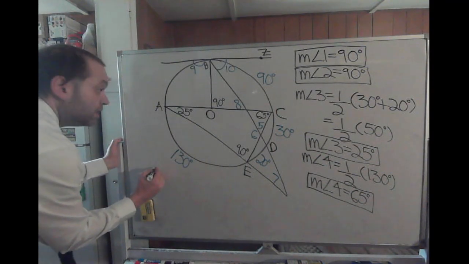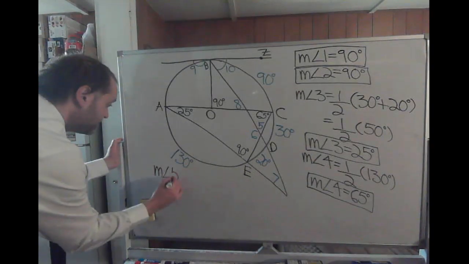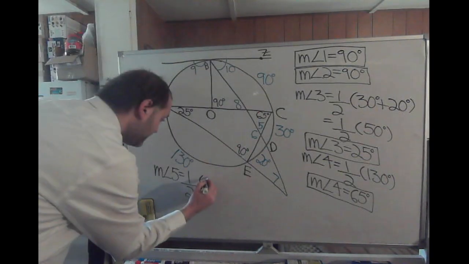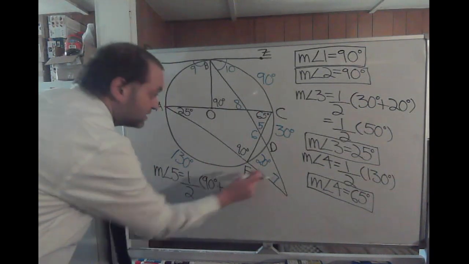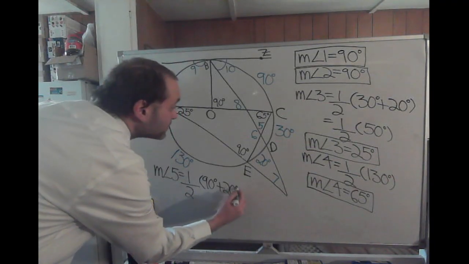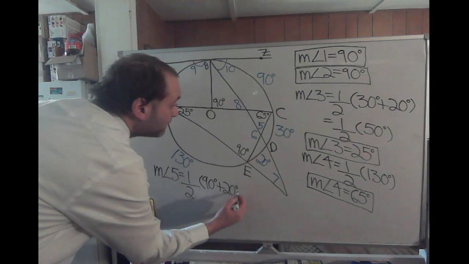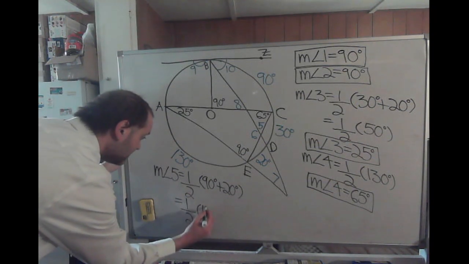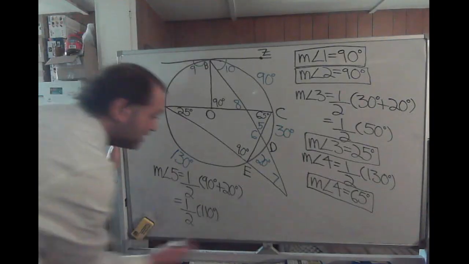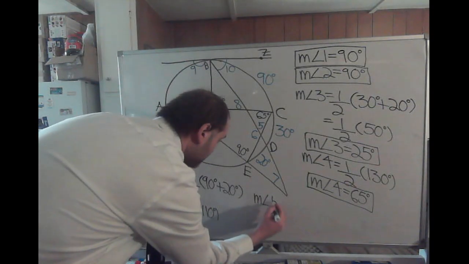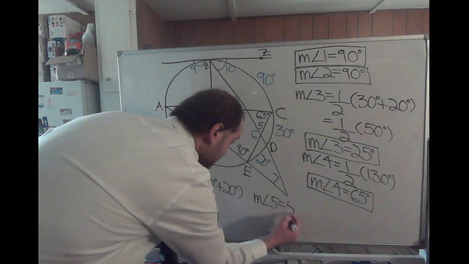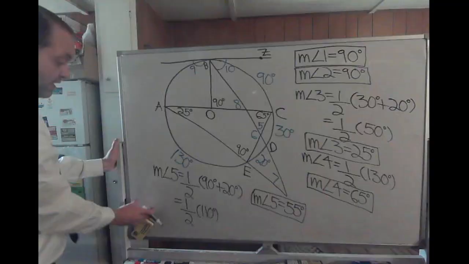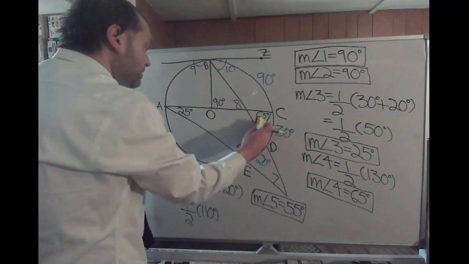So the measure of angle 5 is going to be equal to half the sum of the 90-degree arc plus the 20-degree arc, which would mean it's equal to half of 110 degrees, which could only then mean that the measure of angle 5 would have to equal, what's half of 110? It's 55 degrees. So we got the measure of angle 5 now being 55 degrees.